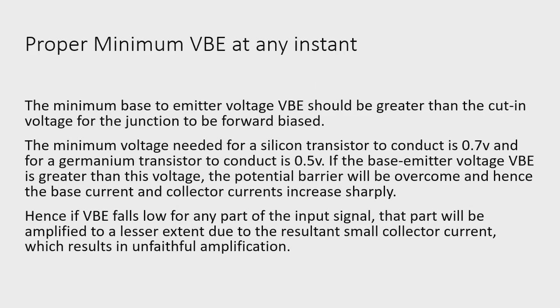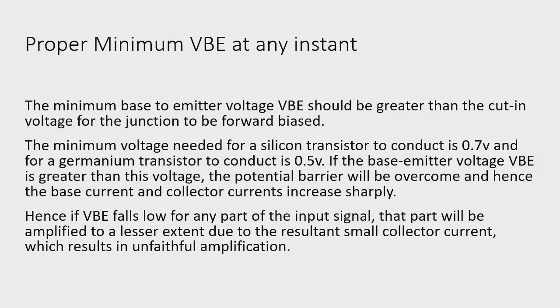The minimum base to emitter voltage VBE should be greater than the cut-in voltage for the junction to be forward biased. The minimum voltage needed for a silicon transistor is around 0.7 volt and for a germanium transistor is around 0.5 volt.